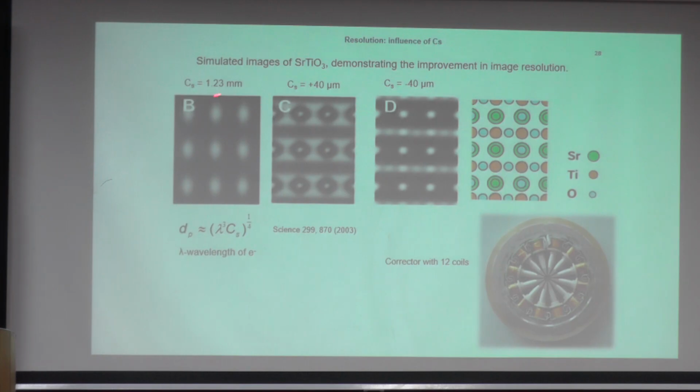If we have high spherical aberration of the system on a normal microscope, like 1.3 millimeter, you maybe can resolve some atomic columns which belong to strontium and oxygen. Then you adjust the CS, reduce it to 30 micrometers, and you can see more features in the image, but it's not the same as this.